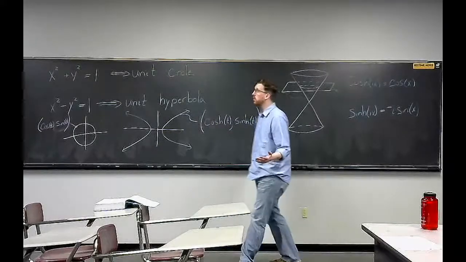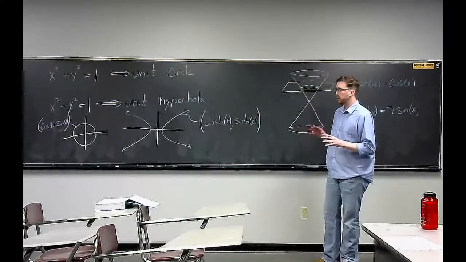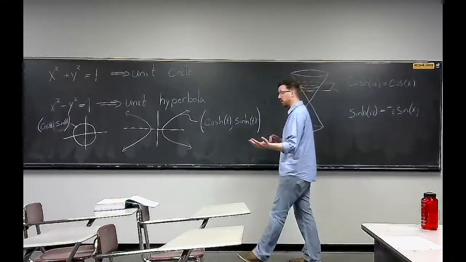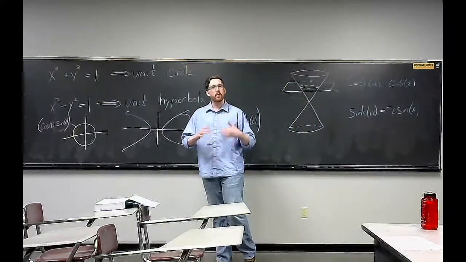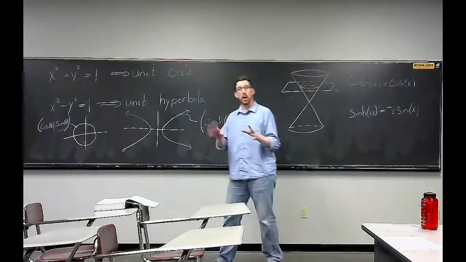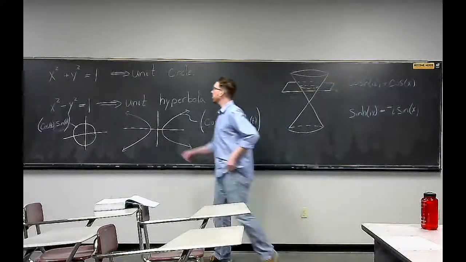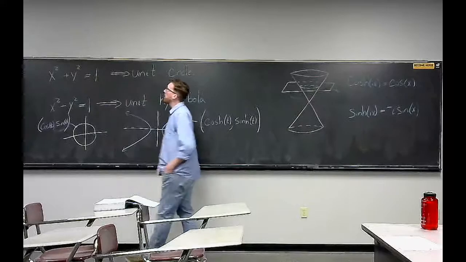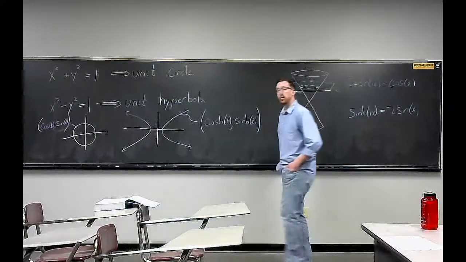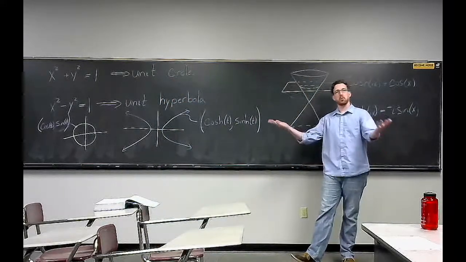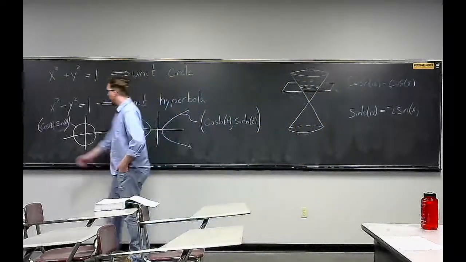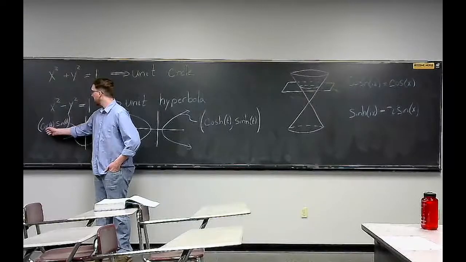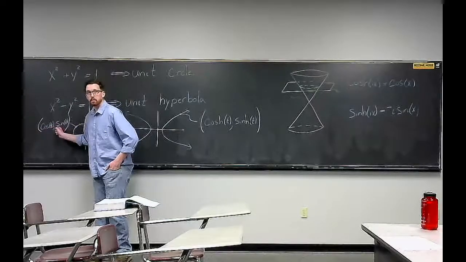All right, so to talk a little bit about the relationship between hyperbolic trig functions and trig functions, we need to know some background information about the geometry that they're describing. Now we all know that x squared plus y squared equal to 1 describes the unit circle, right? And we can parameterize the unit circle as cosine of t, sine of t.